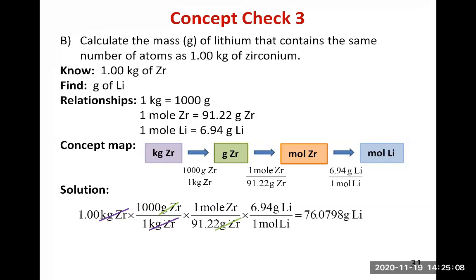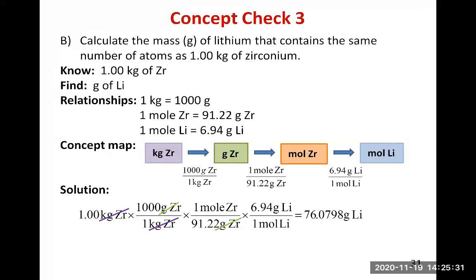If you were to stop the calculation at that point, you would get a number of moles of zirconium. And because we want the number of atoms to be the same, that's equivalent to say that we want the number of moles to be the same. So then at that point, because we have a number of moles of zirconium, now we can simply use that number of moles, or moles of lithium, and change it to grams of lithium.